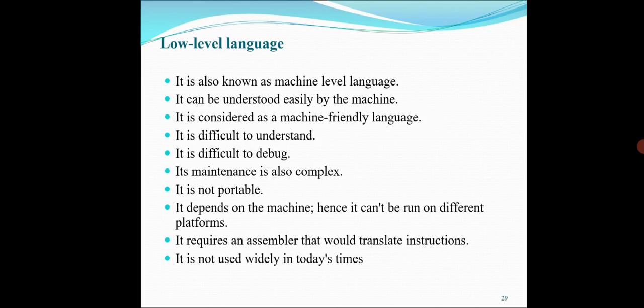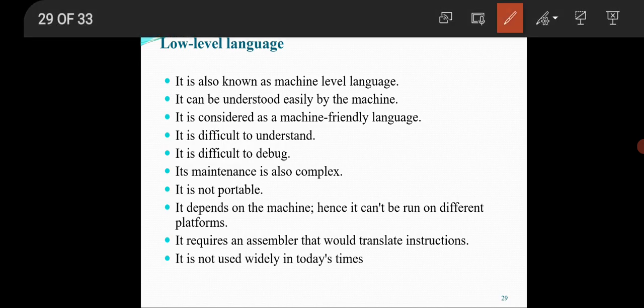First, low level language. It is also known as machine level language. It can be understood easily by the machine. It is considered a machine friendly language. It is difficult to understand.